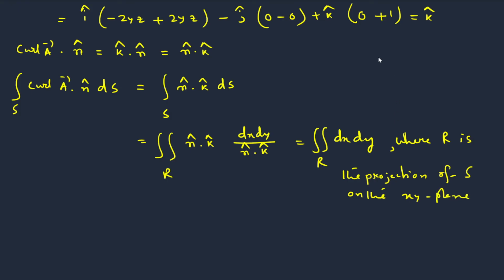So projection means, as I told, suppose we take this portion, then its shadow will be in this part, no? So whatever shadow you get, it will be again some diagram. That region is R. So if it is a three-dimensional figure, suppose a hemisphere, half sphere, then its shadow will be a semicircle. So that is R.